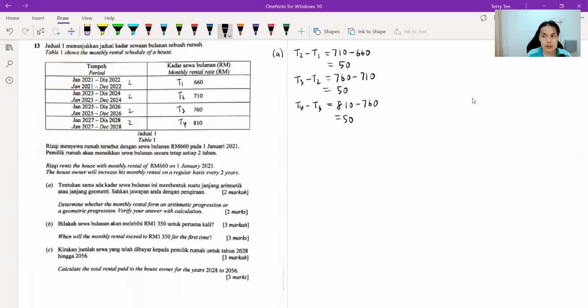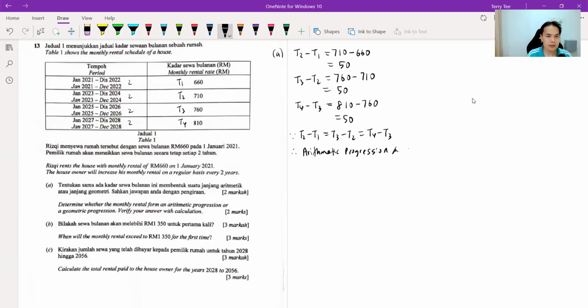So it increases at a constant rate, every 2 years by 50 ringgit. How do you explain the answer? Since T2 minus T1 equals T3 minus T2 equals T4 minus T3, therefore this is an arithmetic progression. Your common difference will be 50.